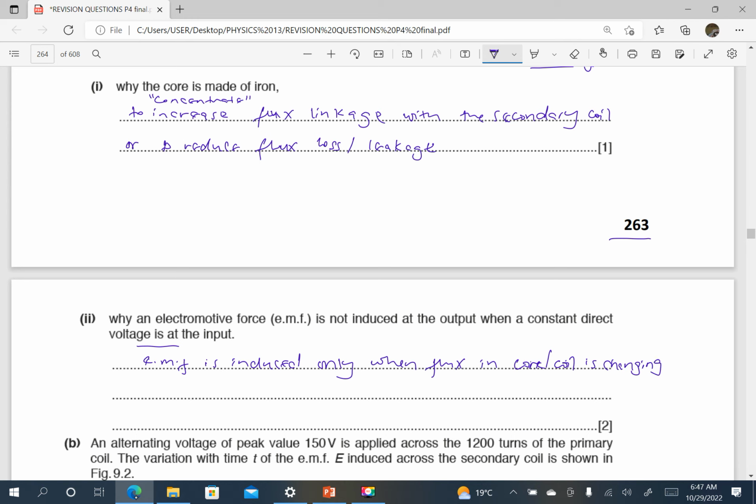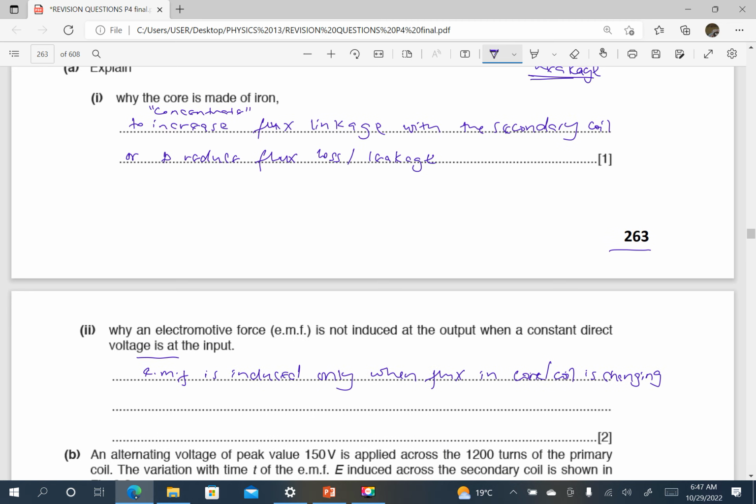EMF is induced only when flux in the core or the coil is changing, and a constant direct voltage gives a constant flux, or a constant field.